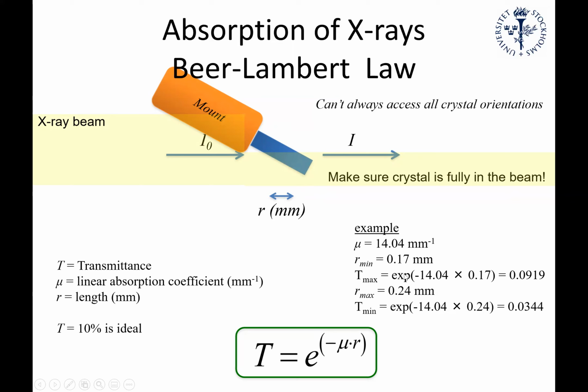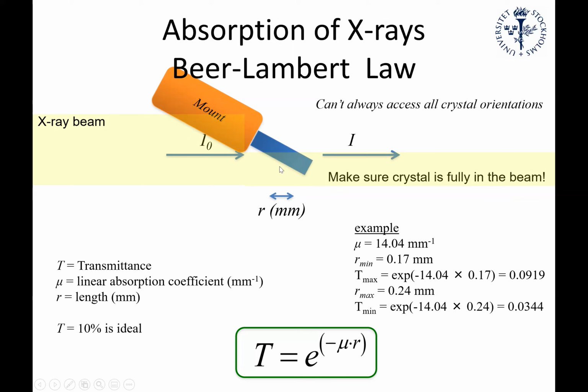But in practice, this isn't always the case because the crystal has to be on some sort of mount, some sort of support. It can't just be suspended in air, right? So you need to mount your crystal on something. Now, by mounting a crystal, it might block certain directions of the crystal being probed by the X-ray beam. So for example, you can't rotate this crystal so that the longest length of the crystal is in the X-ray beam, because in this case the mount would block the X-ray beam.